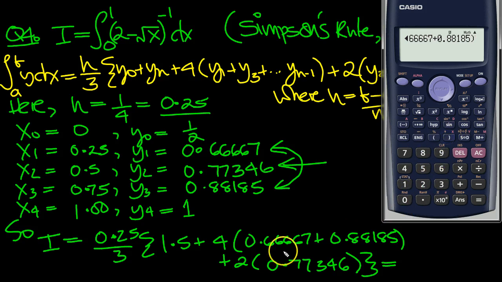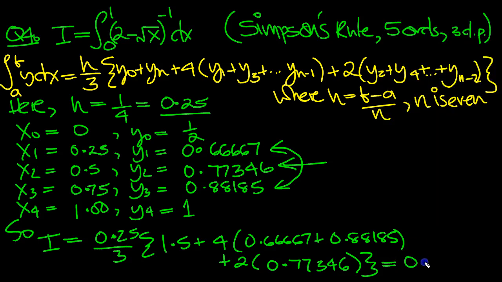Close the bracket, plus 2 times 0.77346. It's only one number, so don't worry about the bracket for this number. Then we need to close the big bracket at the end. That gives 0.770 to 3 decimal places.